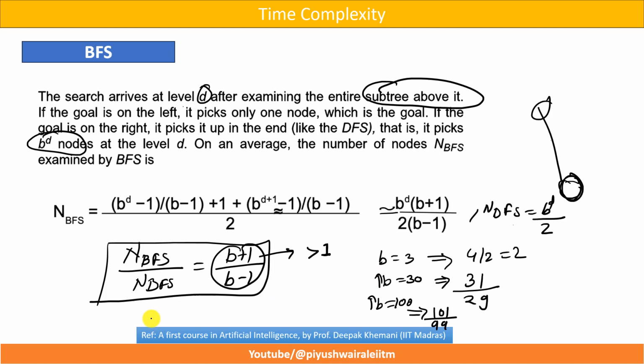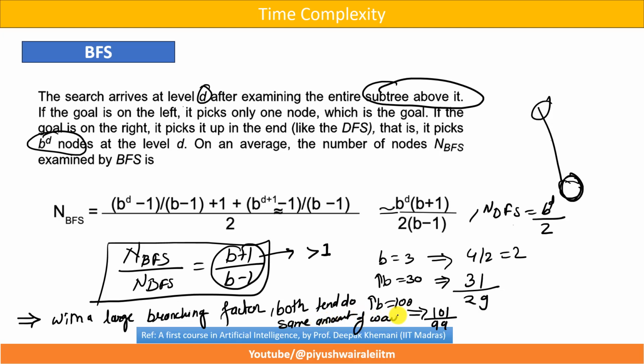So what can we conclude from this? With a large branching factor, both DFS and BFS tend to do the same amount of work.